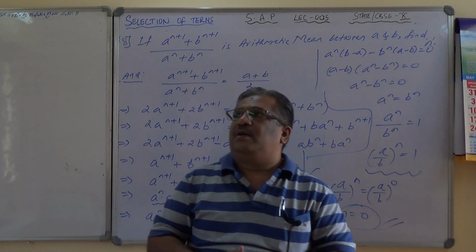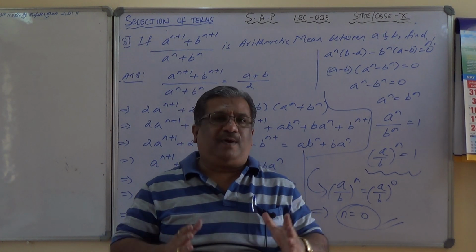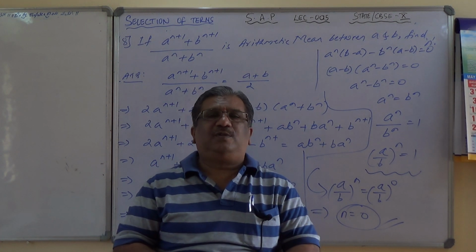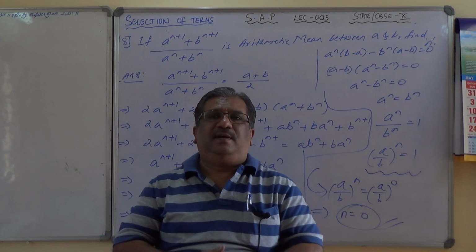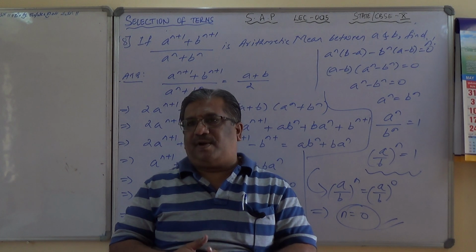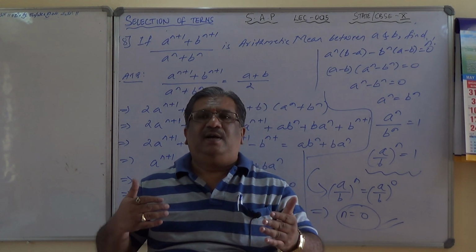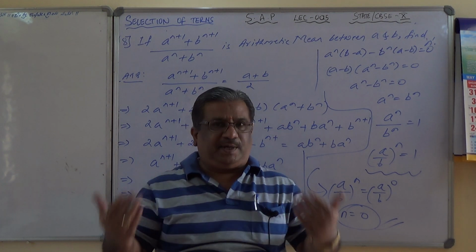Okay. So in this chapter, what is left over now? The most important second concept is the sum of n terms. So far whatever we have studied is the sequence of arithmetic progressions, or the list of numbers which are in arithmetic progression.